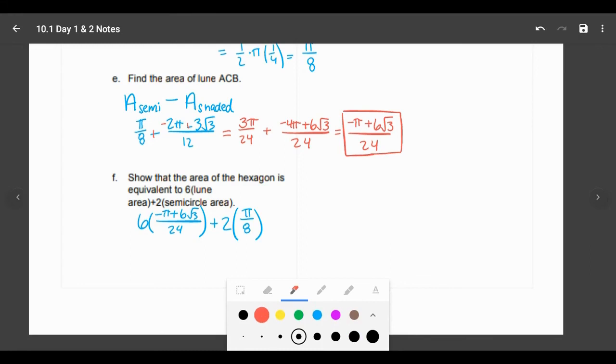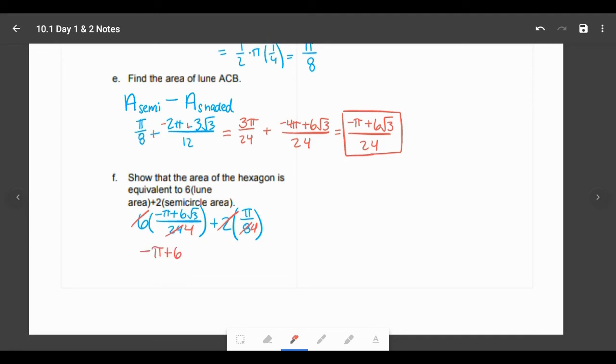And if I go through and simplify, the 6 and 24 will simplify, so I just have 4 in my denominator. And again, the 2 and the 8 will simplify, so I just have 4 in the denominator. So I have negative pi plus 6 square root 3 over 4 plus pi over 4.